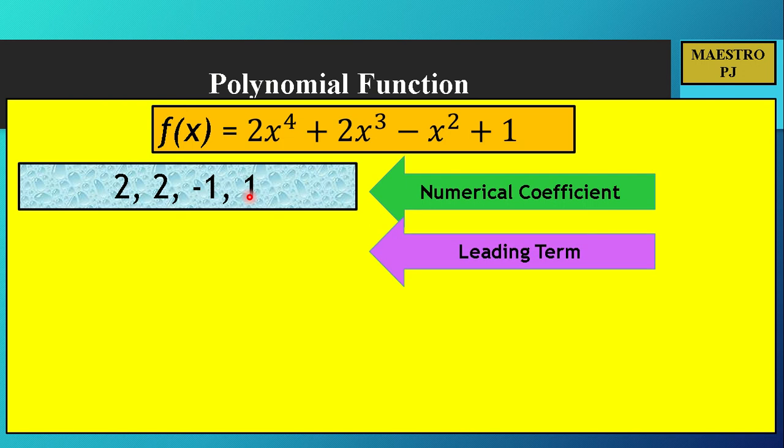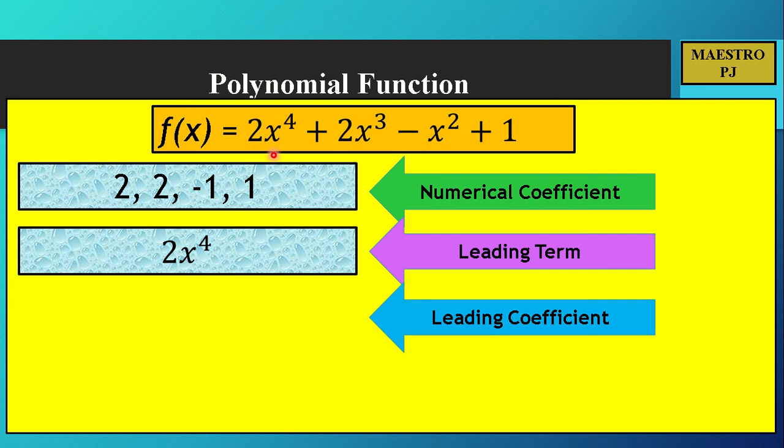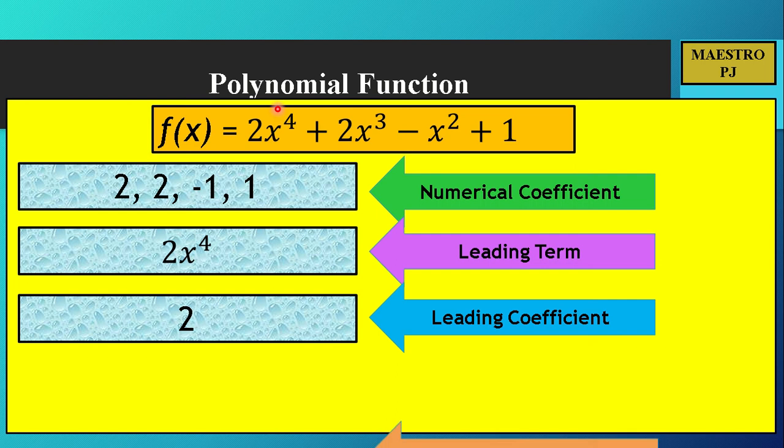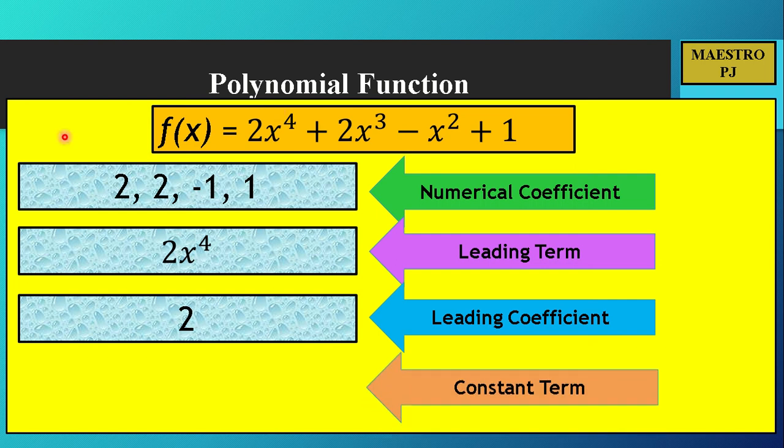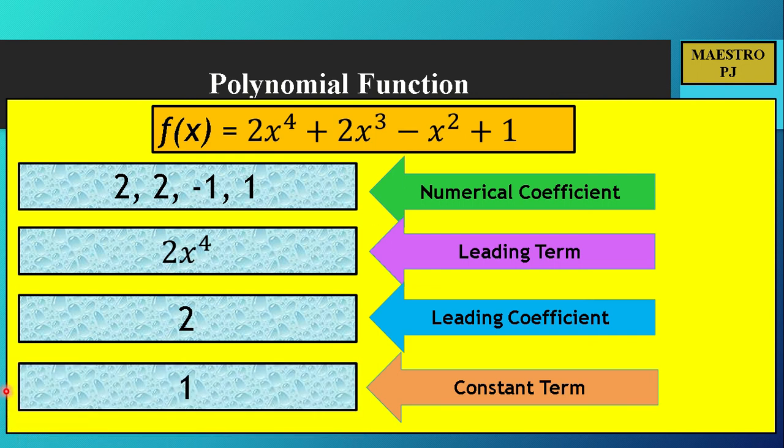The leading term is the term that comes first. So our leading term is 2x to the 4th. Next one, leading coefficient. That is the coefficient of the leading term. So what is its coefficient? The coefficient is positive 2. And the constant term is the one at the end that is just a number. So the constant term is positive 1.